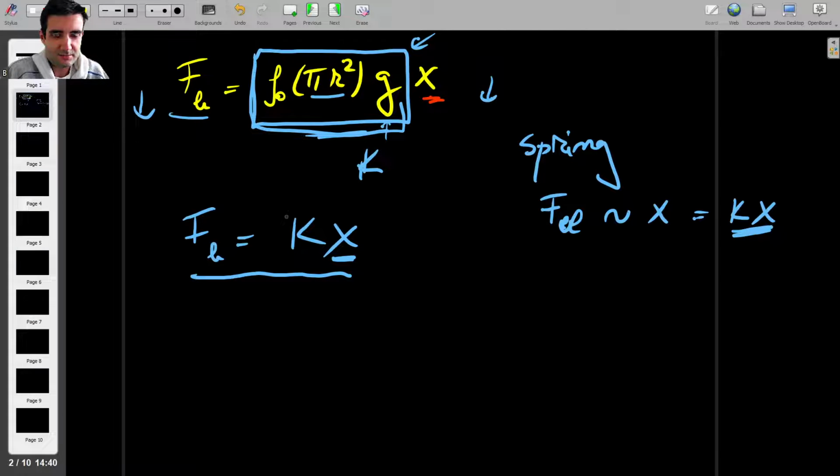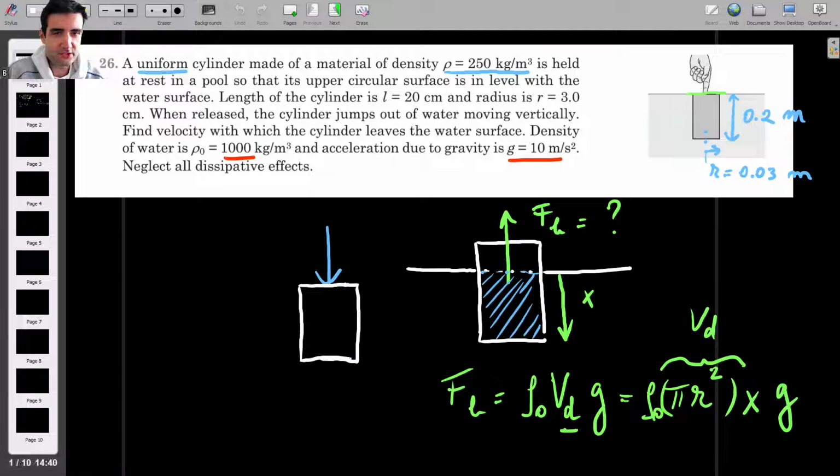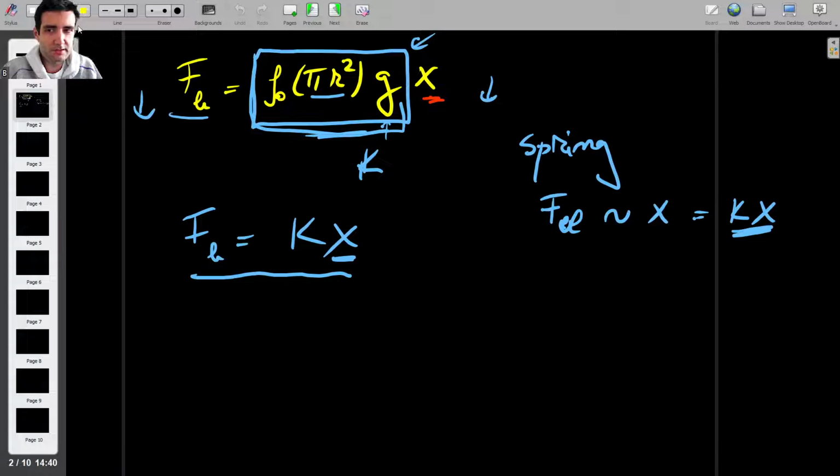So if we can do that, it means that while the object is submerged, it has an elastic potential energy, where, now obviously the water is not the same thing as a spring physically, but from a mathematical point of view, this here is an equivalent elastic constant.